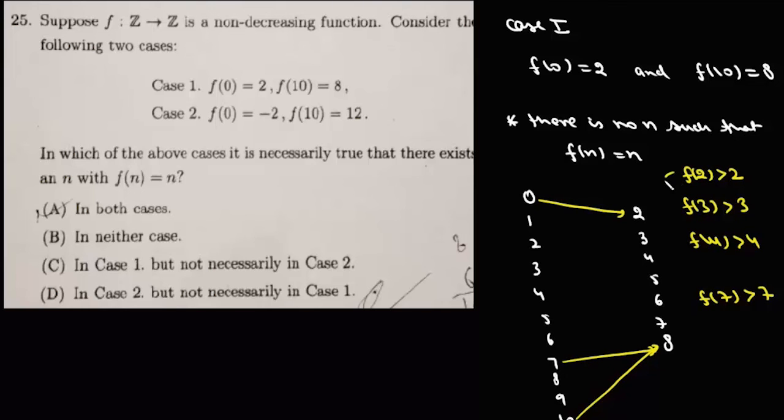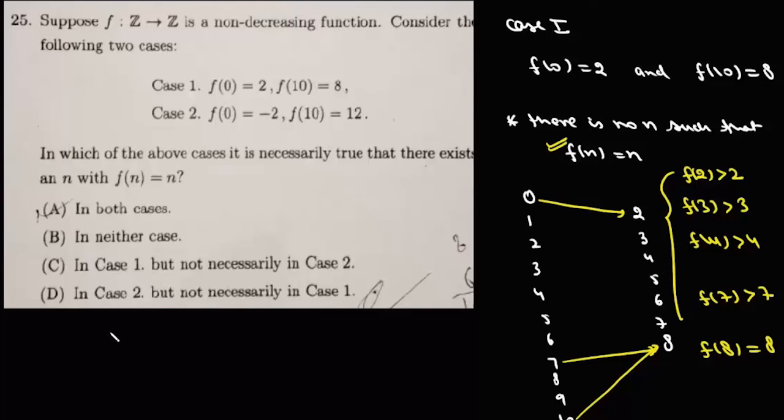And if we consider all these possibilities, and since it is a non-decreasing function, then f of 8 will be mapped to 8, which is a contradiction. So that means in case 1, it is necessarily true that f of n is equal to n. That means in case 1, it will always be true that f of n is equal to n for at least one n. Now let us look at this case 2.